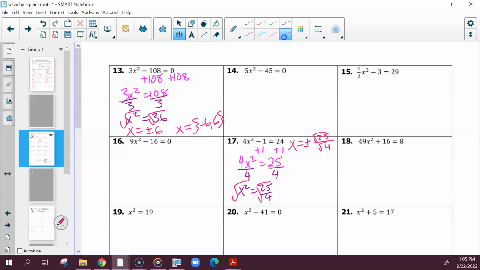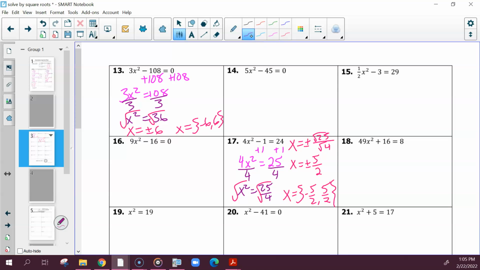Since I can't actually divide them, then we can say, well, the square root of 25 is 5, and the square root of 4 is 2. So that this would be x equals plus or minus 5 over 2. So that would be x equals negative 5 over 2 and positive 5 over 2. Let's do another one like that, just in case that didn't make a whole lot of sense.